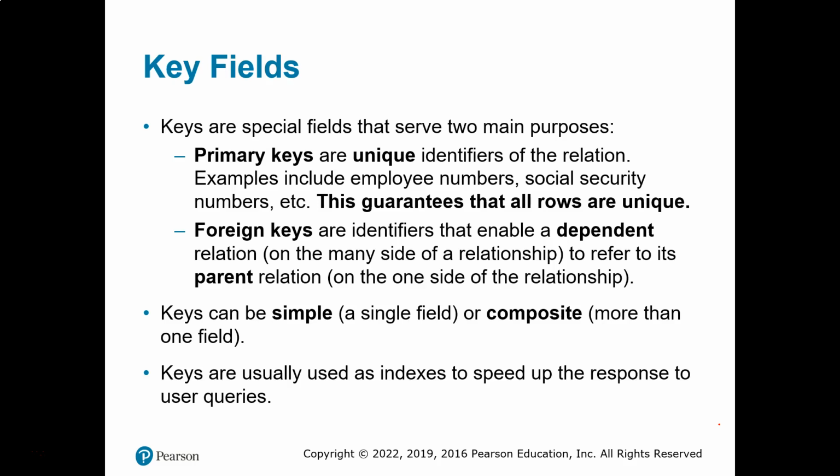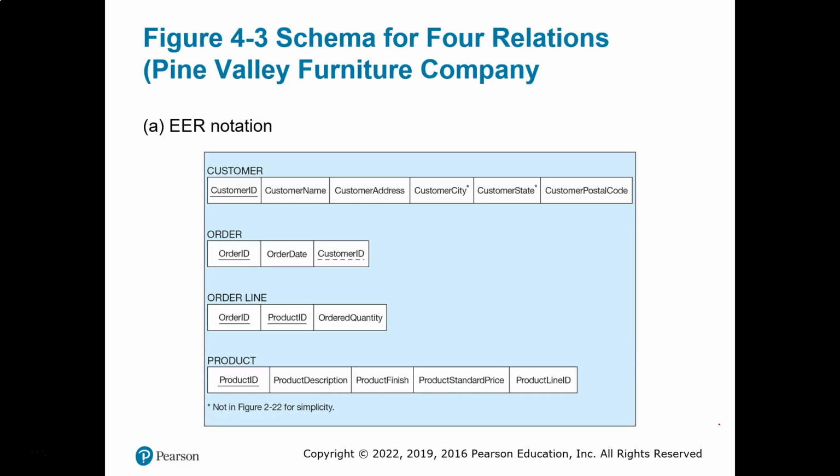Foreign keys in this case would be the course numbers. So here is what an EER, an enhanced entity relationship diagram, looks like for 4 relations. Now, this is probably as deep as we're going to get as it relates to table and field layouts.